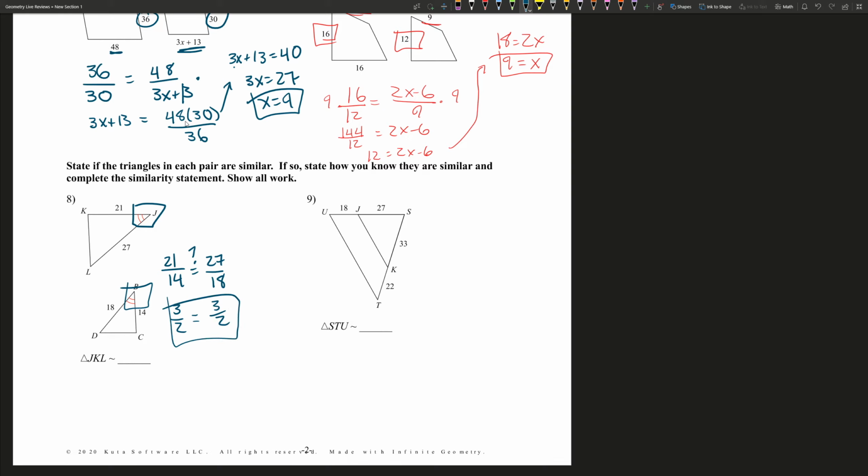So then the two triangles are similar because we have one side that is proportional, an angle that is equal, and another side that is proportional. So these two things are similar because of SAS. And then JKL would be similar to BCD.